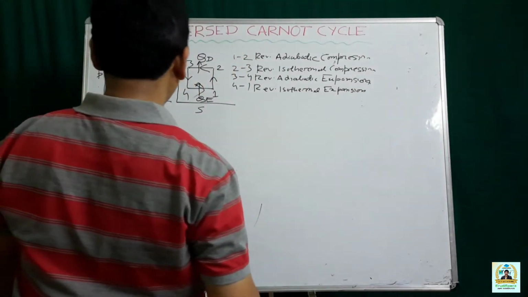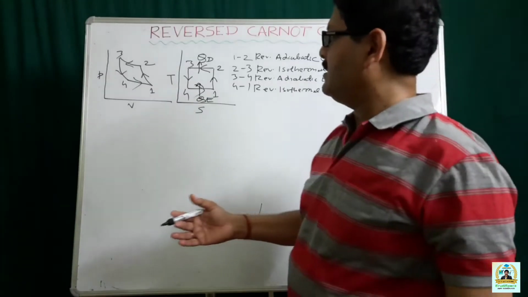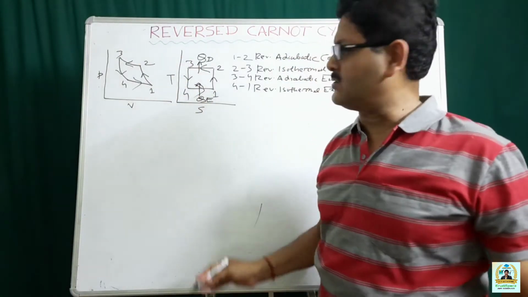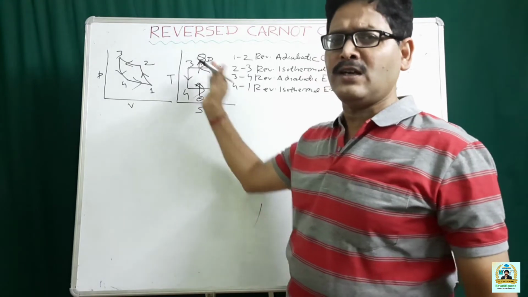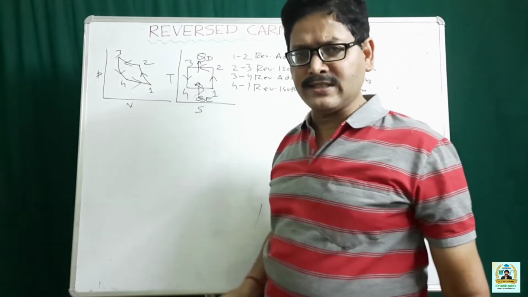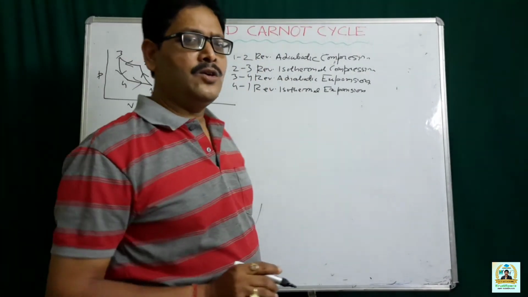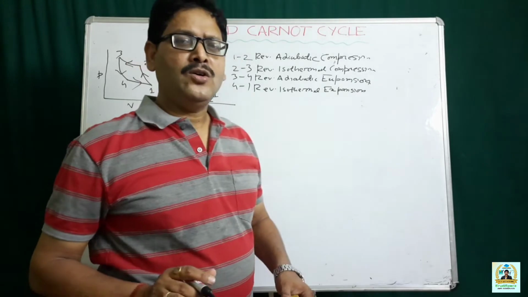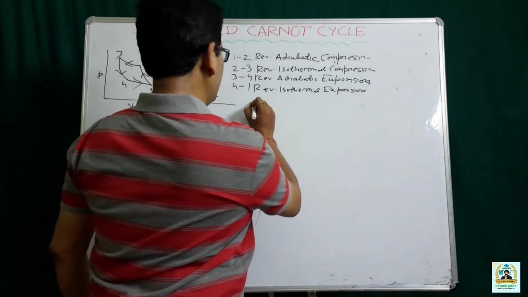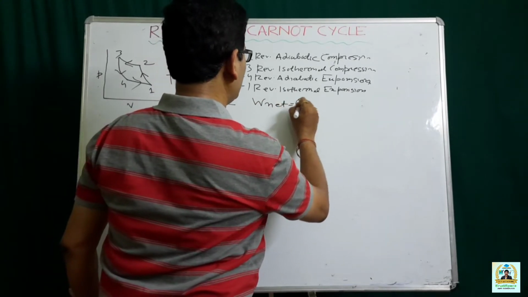Now, already I have told you that there is no difference as far as the operations are concerned, but they are carried out just in the reverse direction in which the Carnot cycle operates. And we know that when a system is undergoing a cyclic process, W net is equal to Q net.